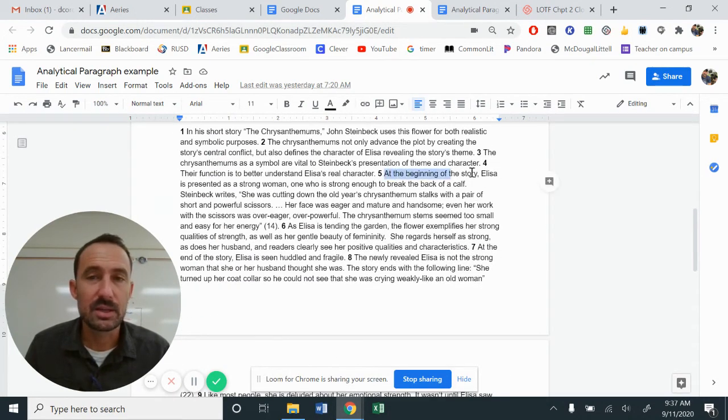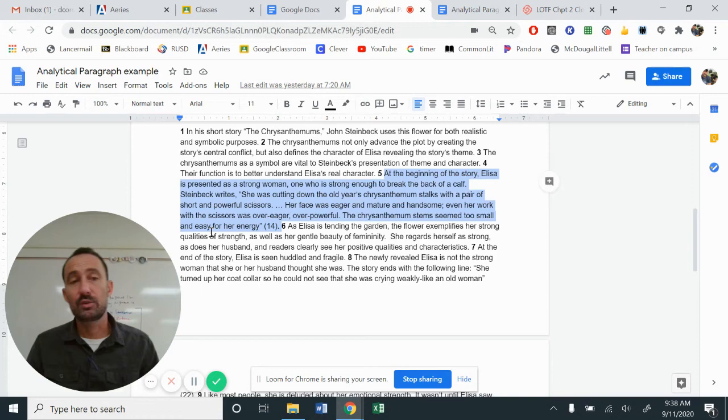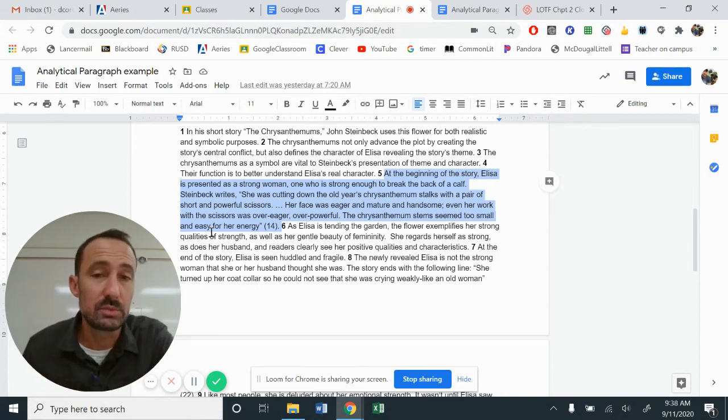So at number 5, it says at the beginning of the story, Eliza is presented as a strong woman who is strong enough to break the back of a calf. Steinbeck writes, now notice how long my sentence number 5 is. I got a starting point, and then I actually go into the quote. So if you need to offer 2 sentences here, that's sufficient, and that will do well.